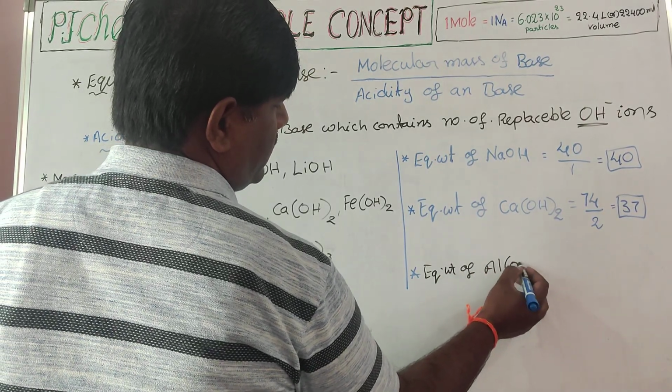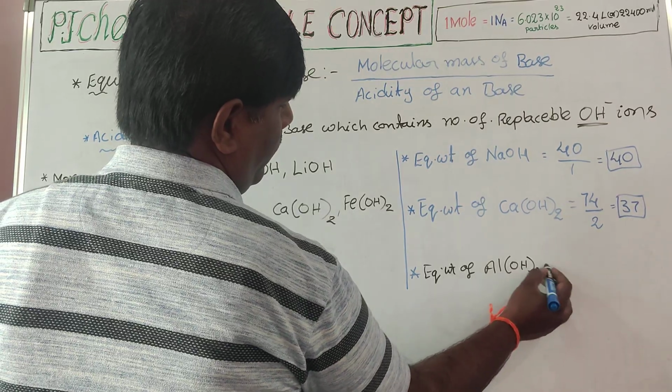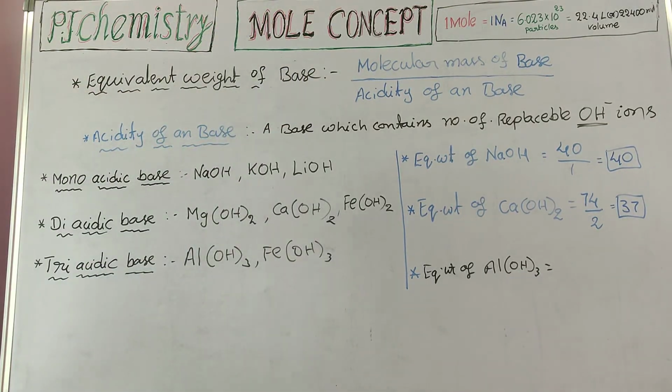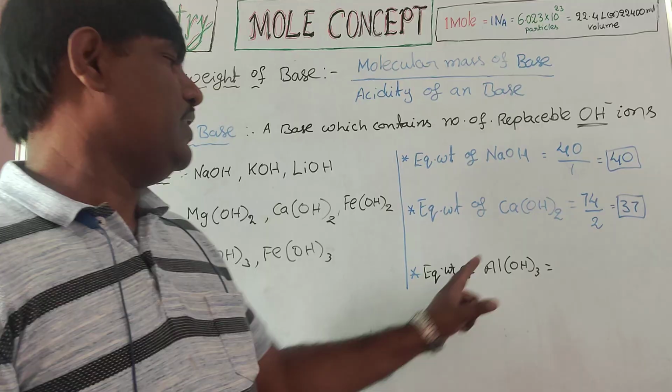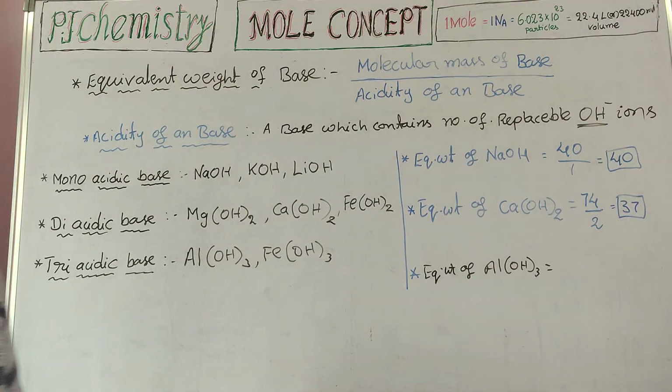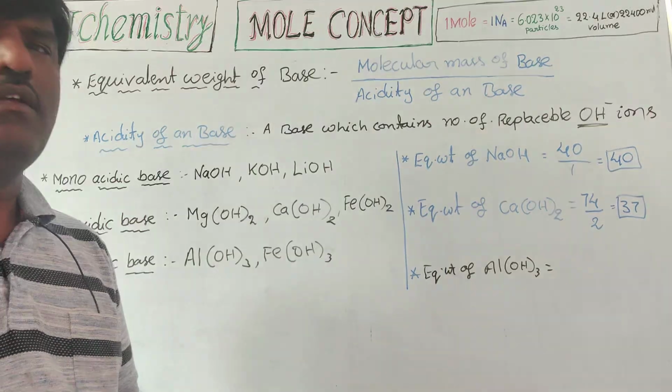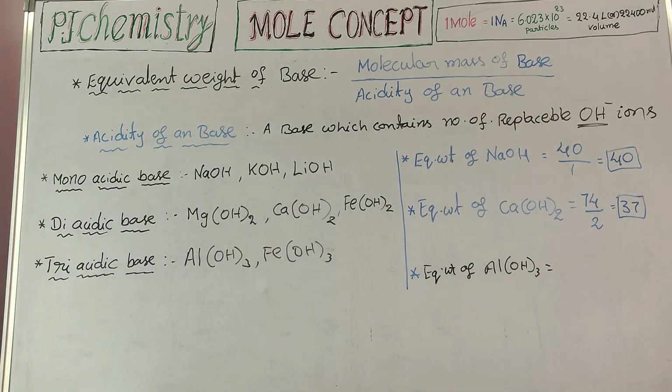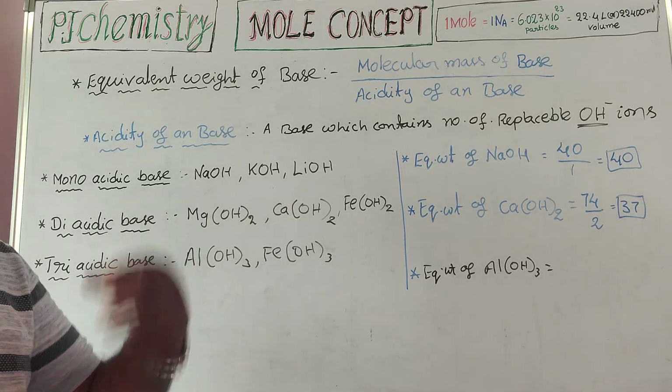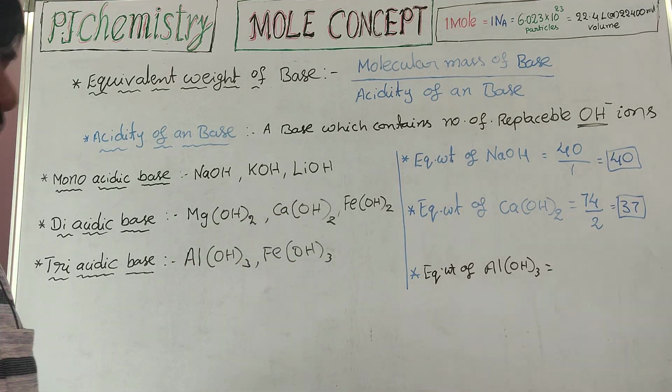Aluminum 27, plus 3 oxygens, 16 into 3, 48. 48 plus 27 is 75, plus 3 hydrogens, 78.